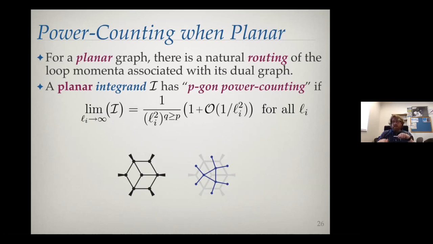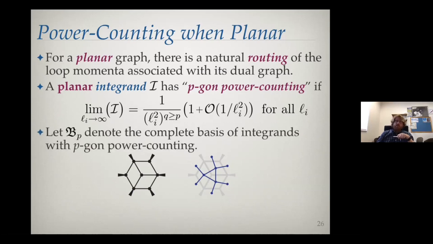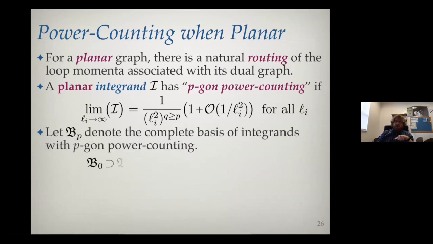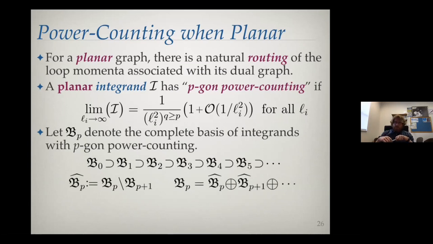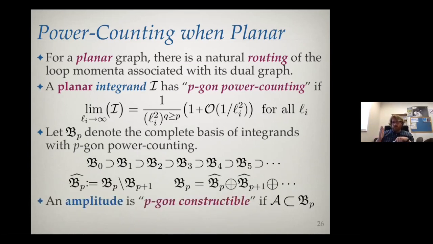But anyway, once you have a definition of what power counting is, we can talk about the space of all integrands with p-gon power counting. And again, it's not hard to see that these have a sequence of inclusions. We can talk about the complements, and therefore we can represent an amplitude in a basis of integrands with specific p-gon power counting, or better. And then moreover, we can actually construct an amplitude iteratively according to the power counting behavior.